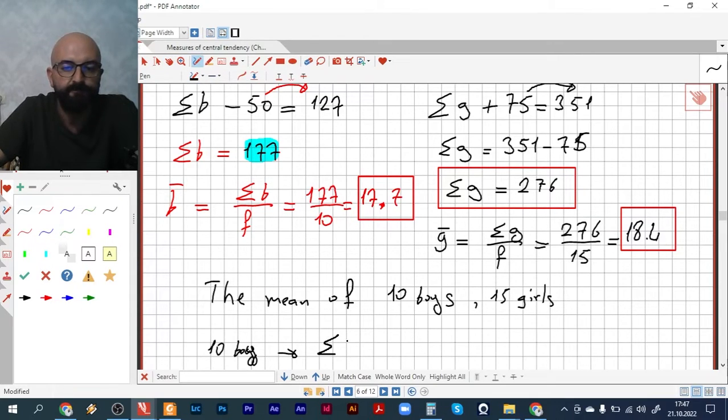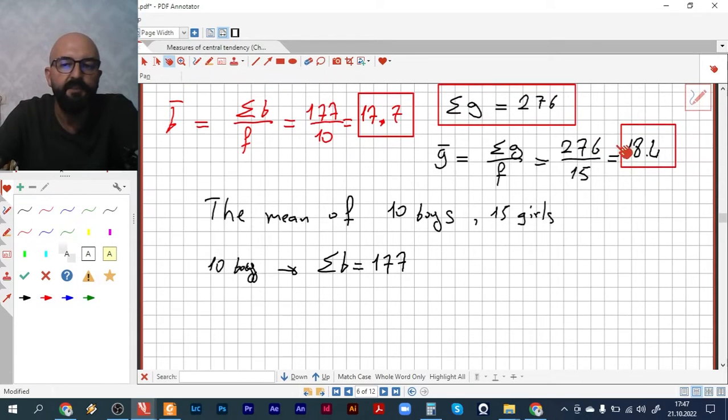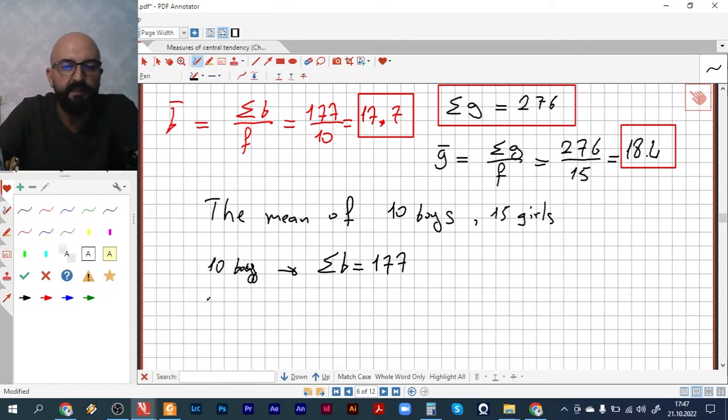And 15 girls, the sum of age for 15 girls is 276.